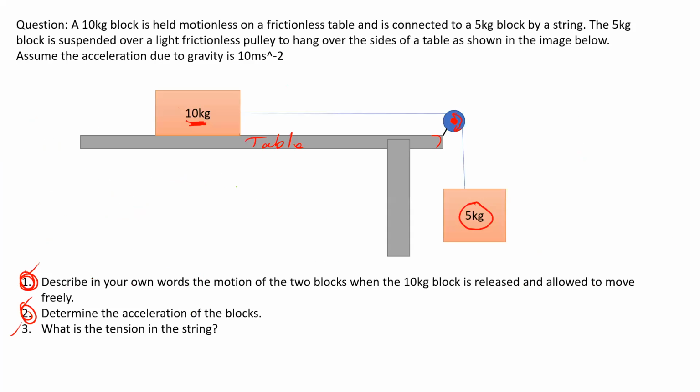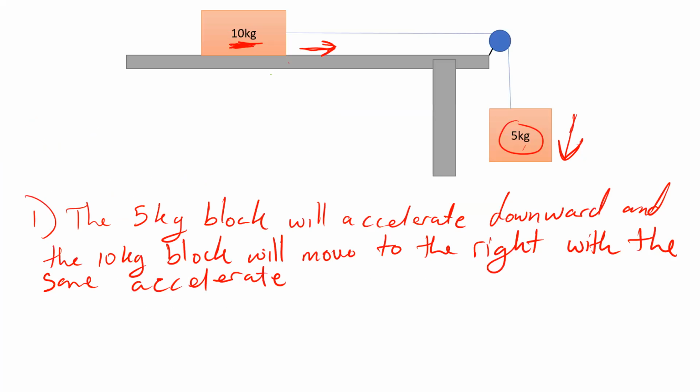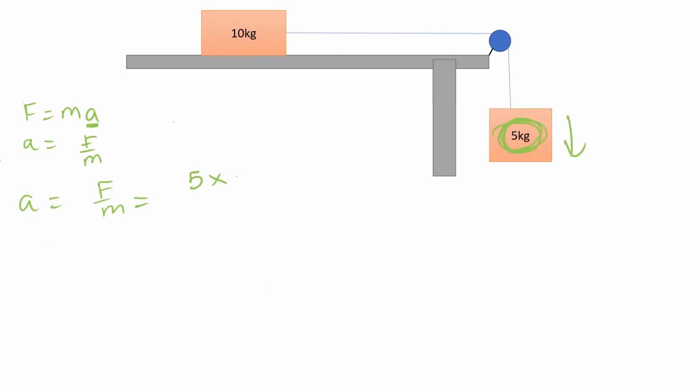And note that the question says gravity is 10 meters per second squared. So we need to convert this into newtons. So it will be 5 times 10, divided by the mass, which, as we said, combines both of these blocks: the 10 kilogram block plus the 5 kilogram block.